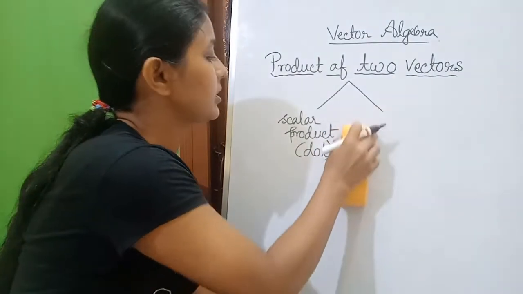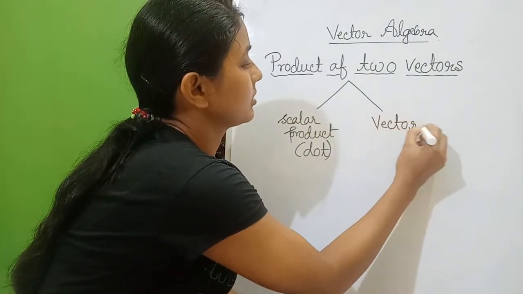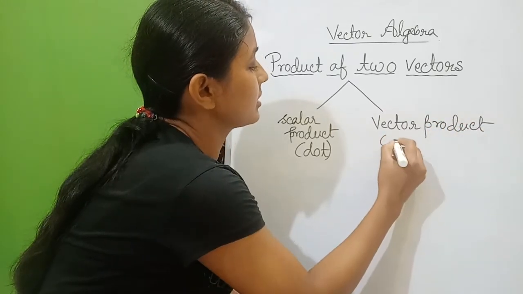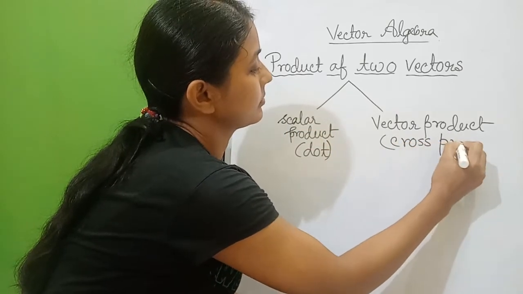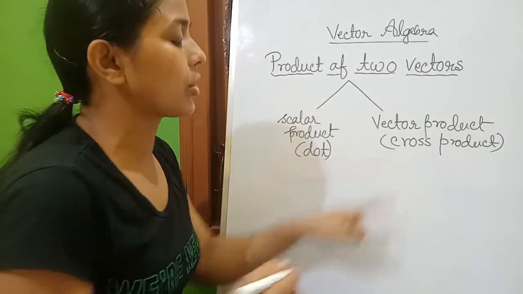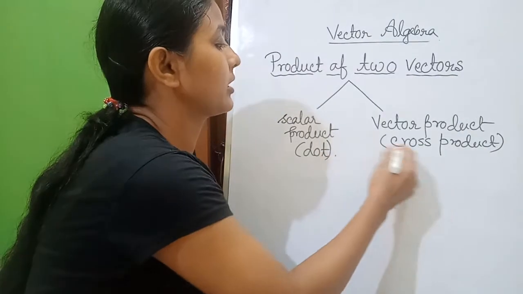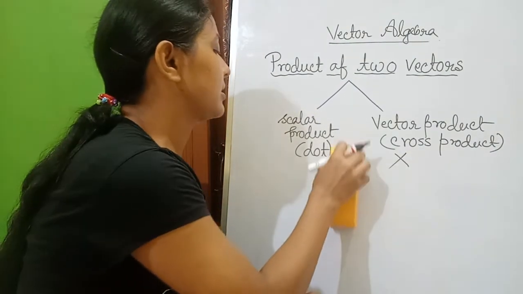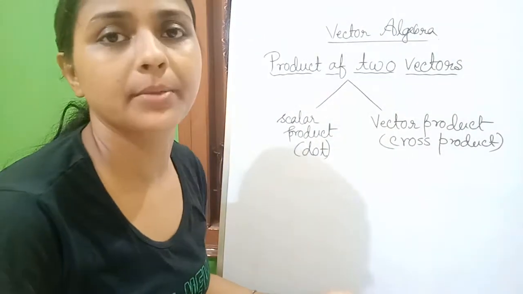And the second one is vector product. We call it dot product and cross product. So this is dot product, its symbol is a dot, and cross product because its symbol is a cross. That's why its name is like that, dot product and cross product.